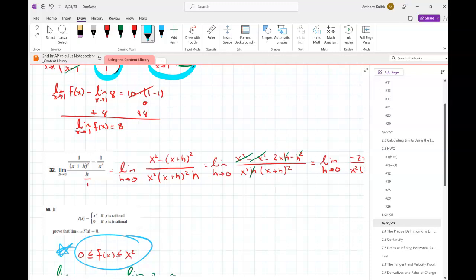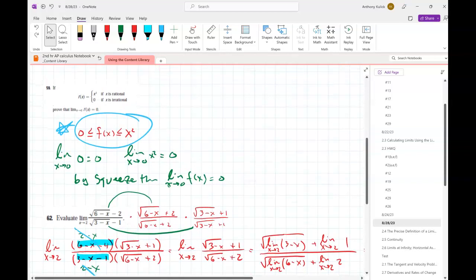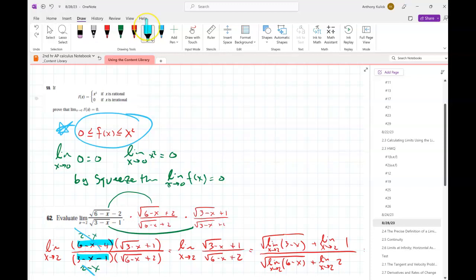Jacob, for 59, the proving one. I just said that for every increasingly rational fraction that gets closer to 0 in its value, the y value gets closer to 0 too. Does that work as a proof? Well, the problem has to do with the density of the rationals and irrationals.